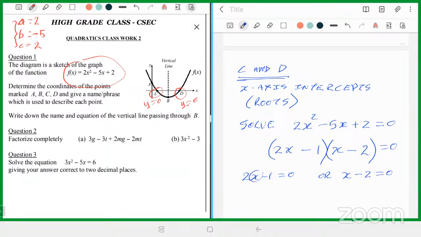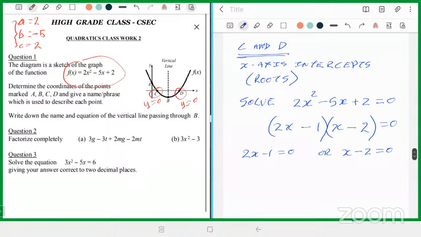If I make x the subject of this one, what I would do is transpose the 1 over here first and get a positive 1 and then divide the 2 under it. And so, shortcut, the x is going to be equal to positive 1 over 2. That's one root. And the other root is going to be when I transpose this -2 and I get x equals 2. So those are my two roots.